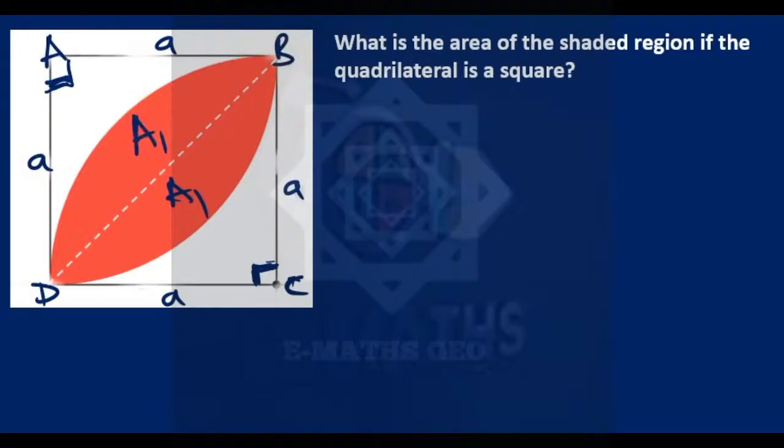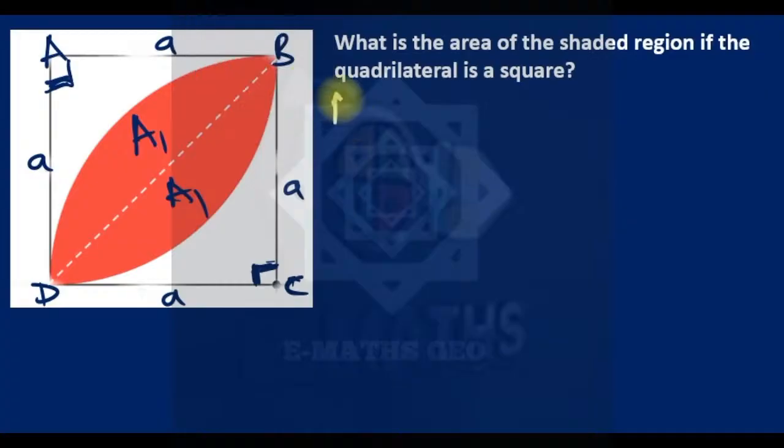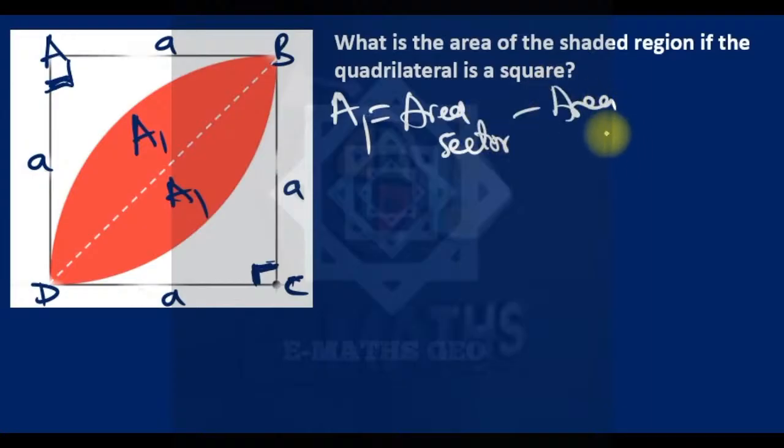So you see that A1 is equal to area of the sector minus area of the right triangle. If you subtract the area of this triangle from that of the sector, we'll get A1.